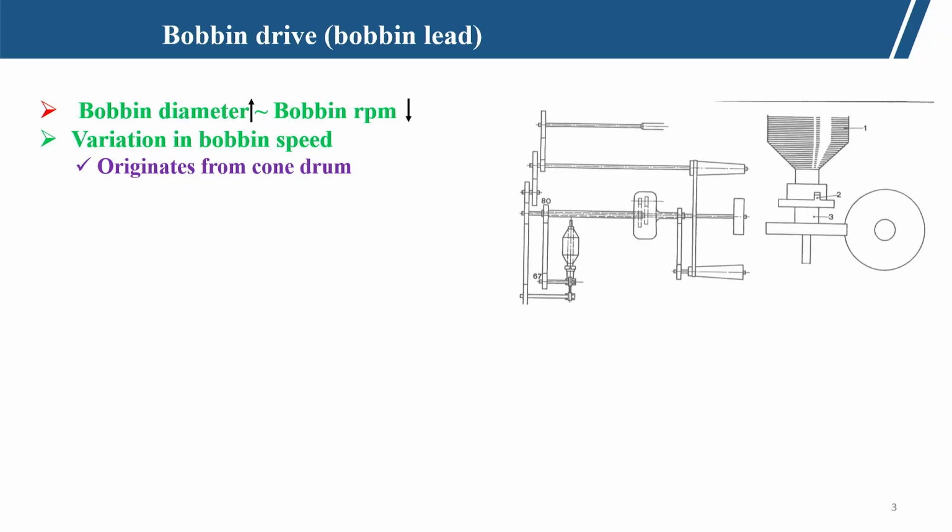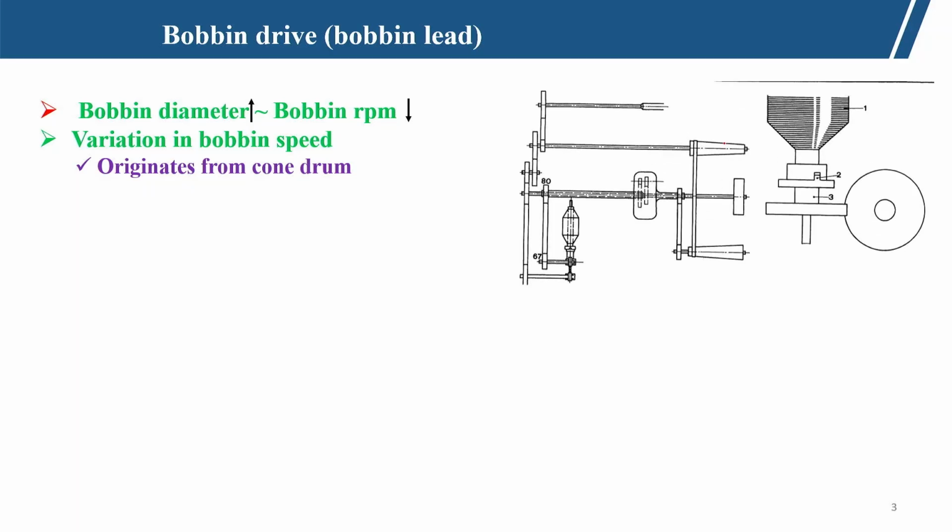Here we can see the top cone drum, which is getting drive directly from the main shaft, rotates at constant speed, but the bottom cone drum, its speed changes depending on the shifting of cone belt. In this system, the top cone drum, which is moving at constant speed, at the start point is at the maximum diameter, whereas the bottom cone drum has a minimum diameter.